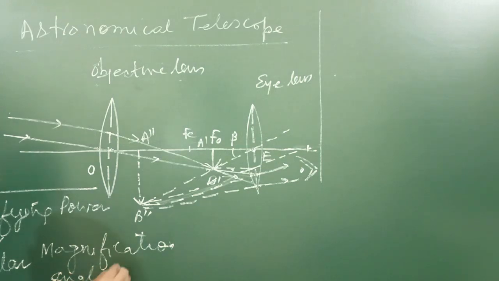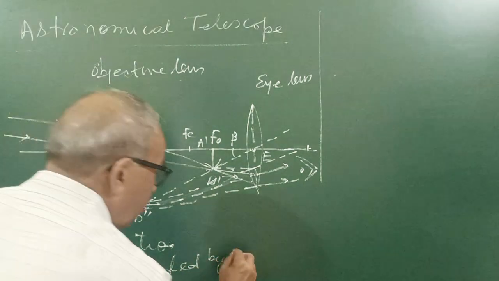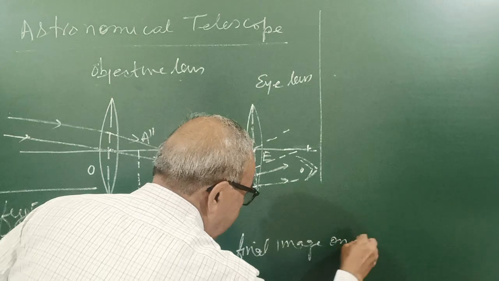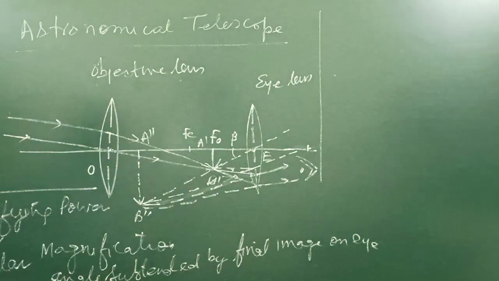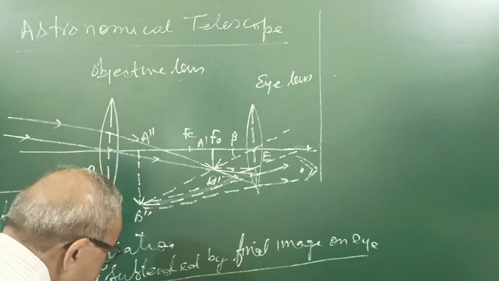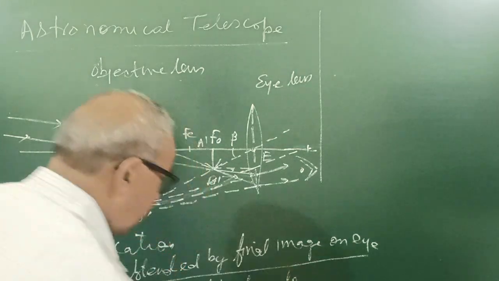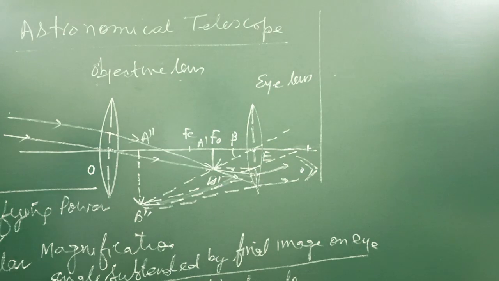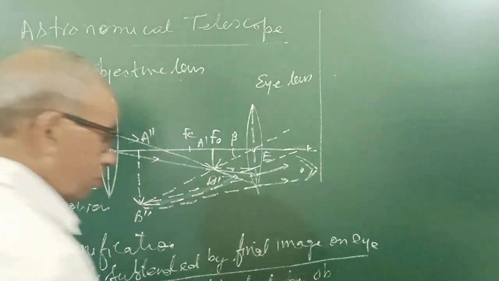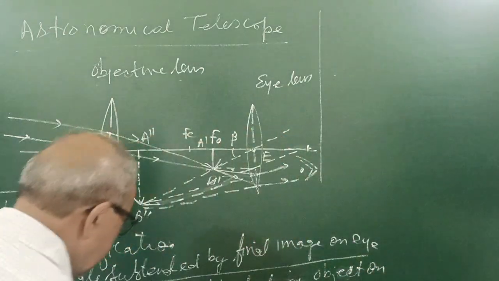the angle subtended by the final image on the eye, understood, as we will be seeing through the telescope, divided by the angle subtended by the object on the naked eye.